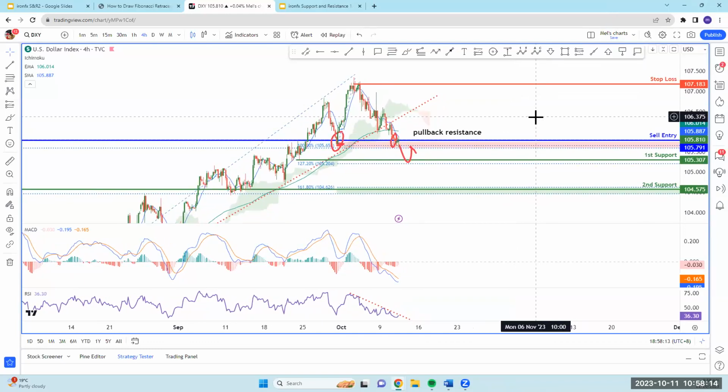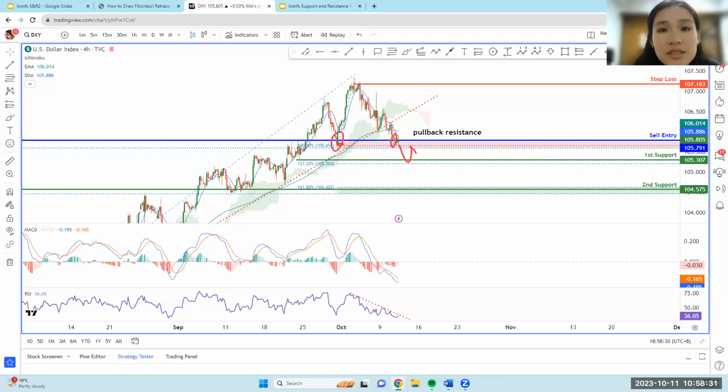I can see the RSI, which is quite short for me. It is giving us a bearish tone, and the MACD is also giving us a bearish trend as well. But for the MACD, I'm not familiar with it.